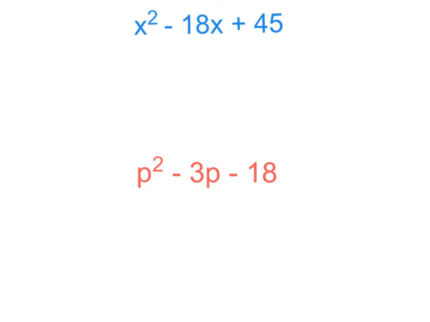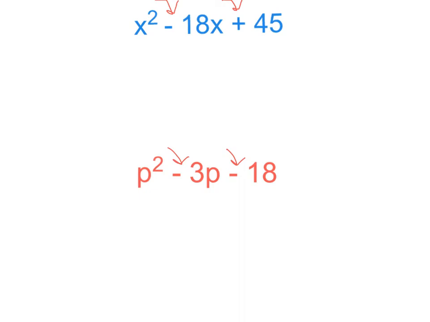Alright, so we're going to do these two problems together, and then I'm going to give you a couple to try on your own. Before we even start them, I just want you to think about, what does it mean if that last term is positive but the middle term is negative? And what is it going to mean if both of these terms are negative?